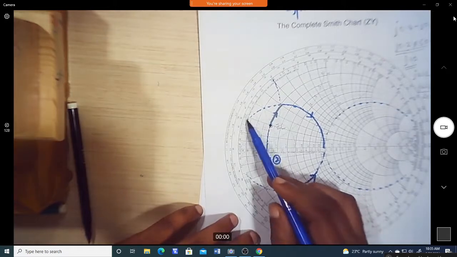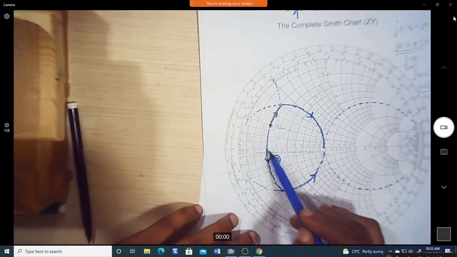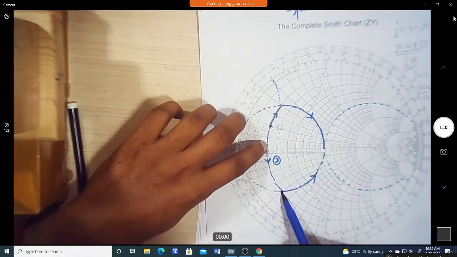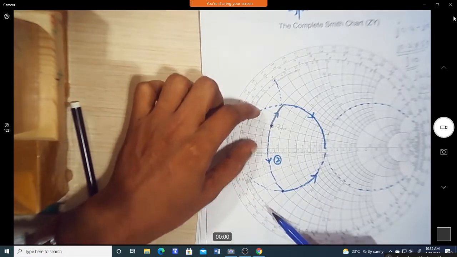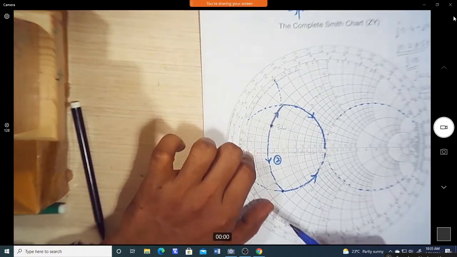Now you can see till this value it is 0.2, and till this value it is 0.4. So totally 0.2 plus 0.4, it is offering 0.6.